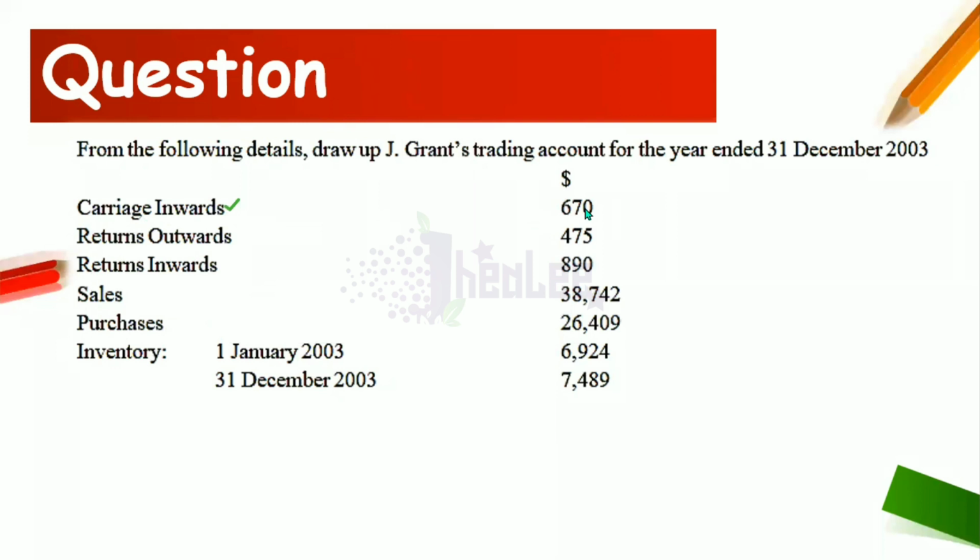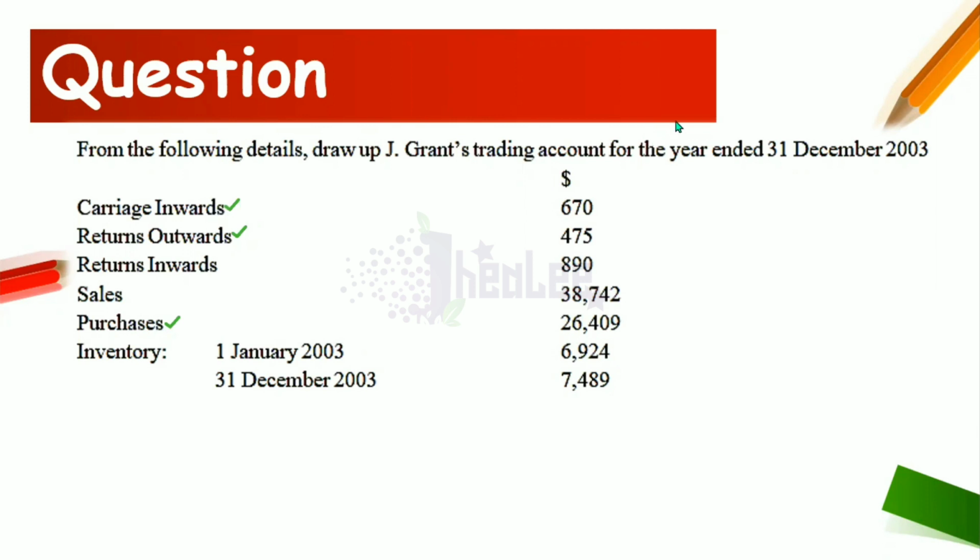So we're seeing that we have to adjust our purchases. We also have returns outwards, and returns outwards is going to affect our purchases. So we have to adjust for that as well. So we have three figures we're working with as it relates to purchases. So we have to do our calculation for our net purchases because we have to adjust the purchases once we have carriage inwards and returns outwards or any one.